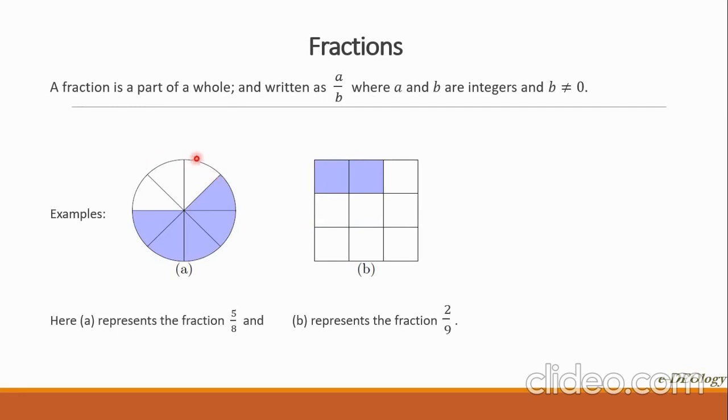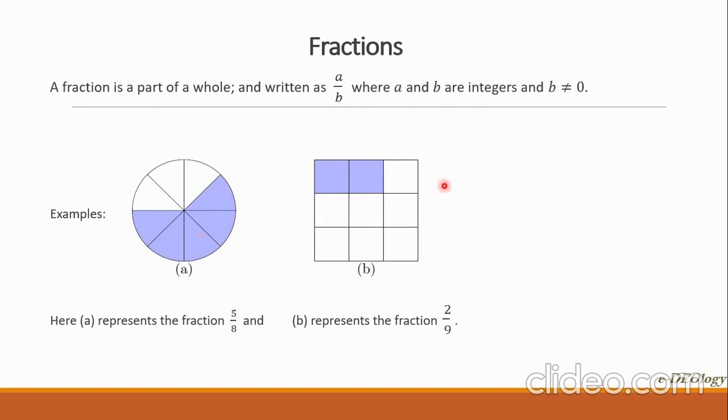Here we have two examples. The first example is a circle that is divided into 8 equal parts, and 5 parts are shaded. So when we write this, the 5 shaded parts are written as 5 in the numerator over 8, and this 8 is the total parts of the whole.